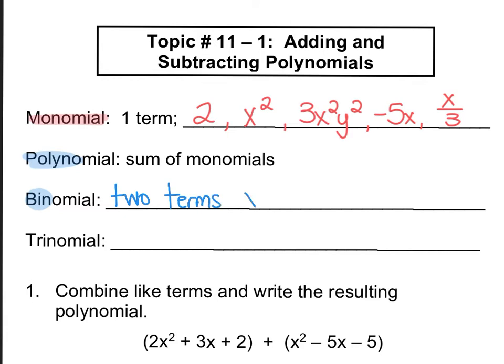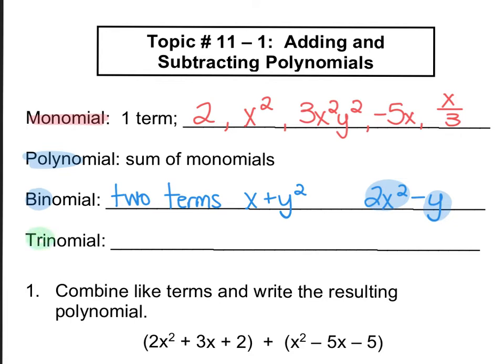So for example, x plus y squared, that is 2 terms. X is a term and y squared is a term. 2x squared minus y, that is a binomial because 2x squared is one term and your y, and you're subtracting those. So binomial means 2 terms.